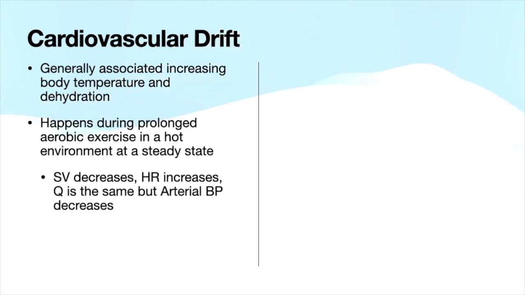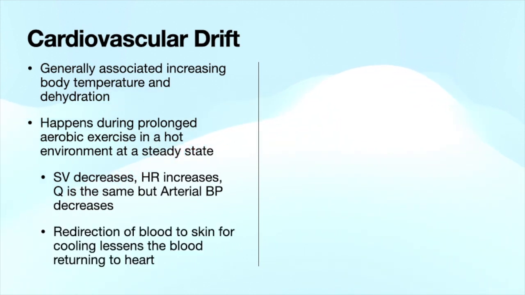Our stroke volume decreases, our heart rate increases, but cardiac output is the same. However, arterial blood pressure decreases. Why? Right? Because there is a need to redirect blood to the skin so that our body can cool.